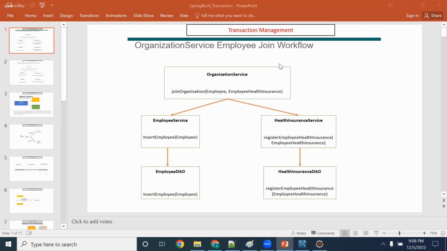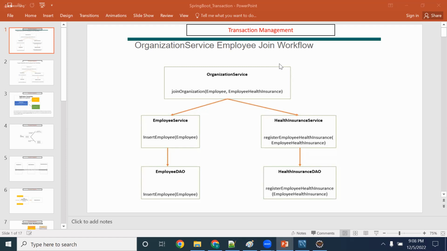If the employee fails or the insurance fails, in either situation, we don't want any discrepancy or issues with the data.